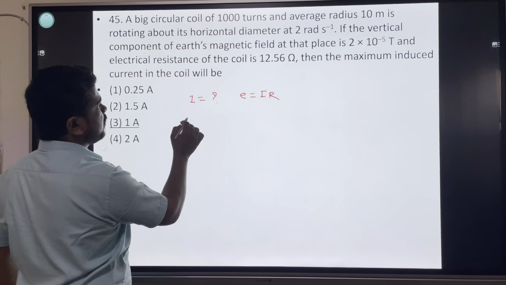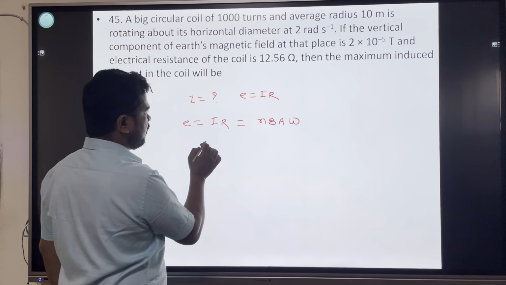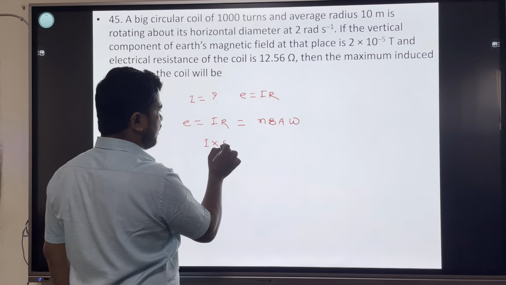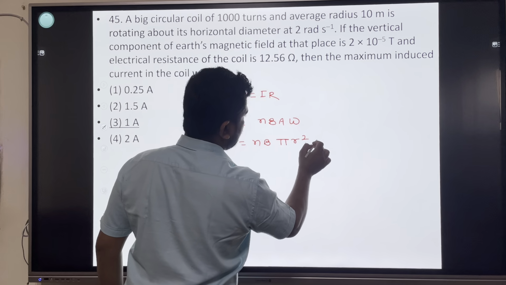E is equal to Emax is equal to I into R is equal to NBA omega. Current into resistance R is equal to NBA, pi R square, into omega.